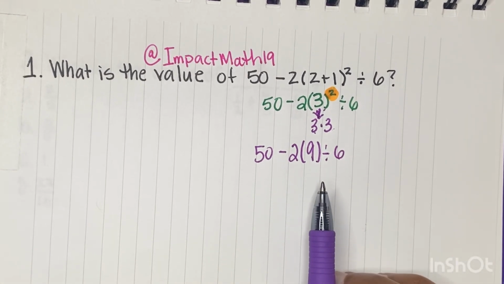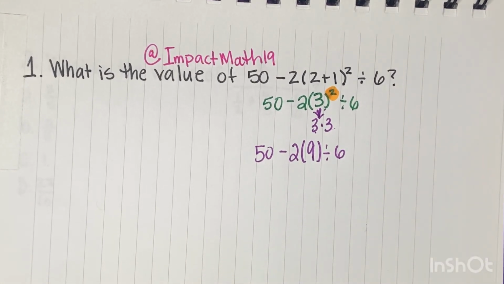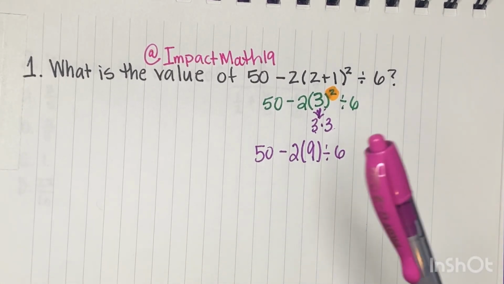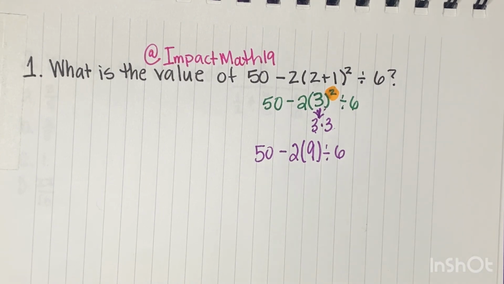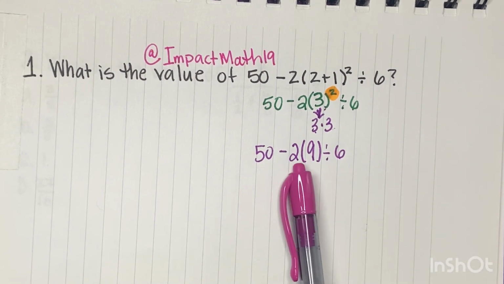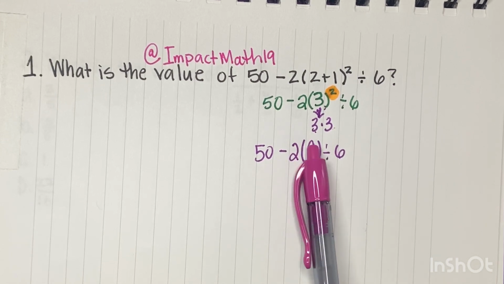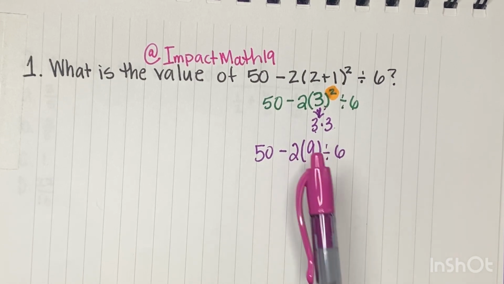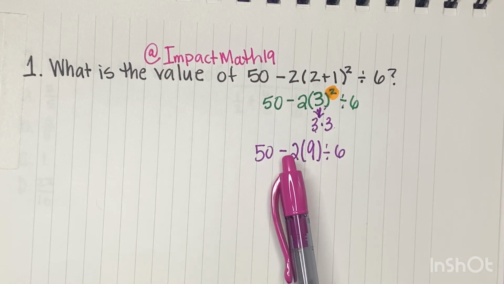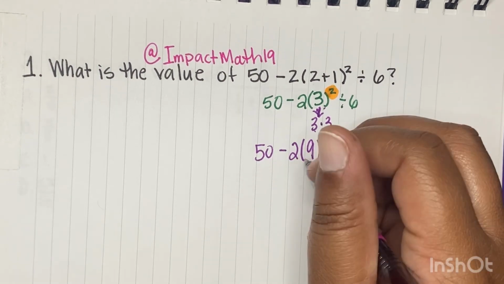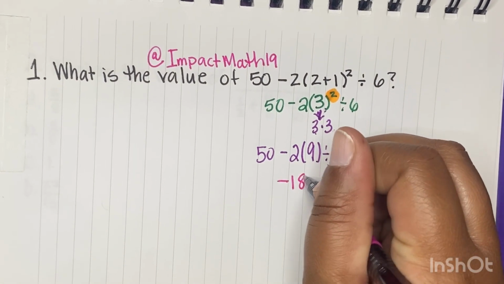Okay. And then now what you have to understand is whenever you have multiplication and division, you work from left to right. And since parentheses means when you have one thing in it, one thing in the parentheses, it changes to multiplication. So negative 2 times 9 is going to give us negative 18.